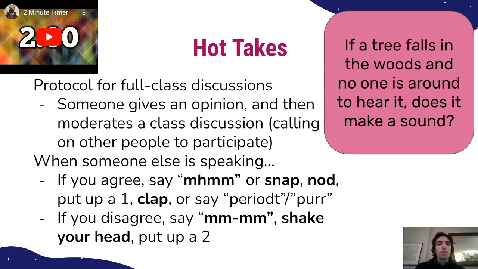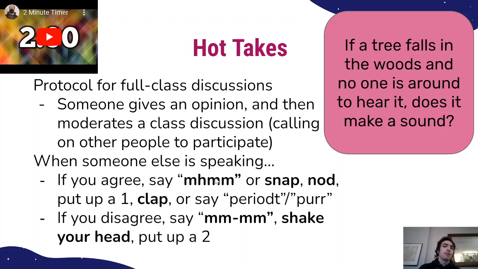So when someone else is giving their opinion on the hot take, there are a bunch of ways that you can show that you agree, and this list of things that students can do when they agree or disagree has grown over the years based on what students want to do and what comfortability they have in expressing these things. I started out with: they can snap, they can nod.